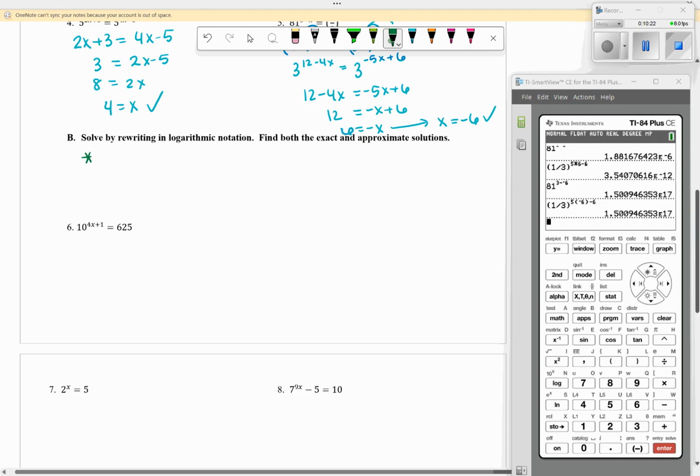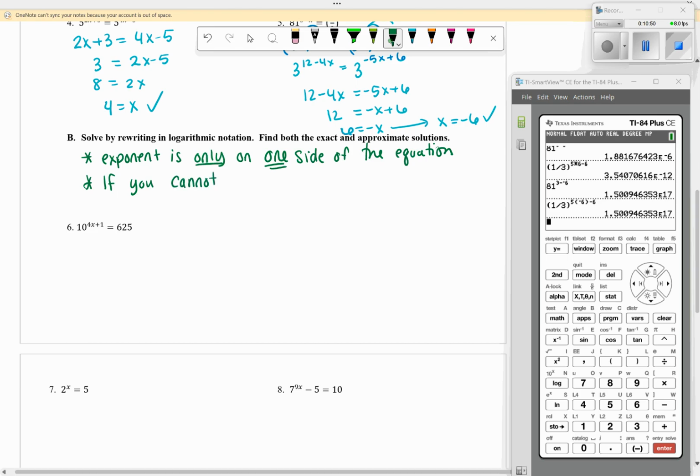So when you are doing this is when you have an exponent only on one side of the equation, or if you cannot rewrite the equation using the same base.